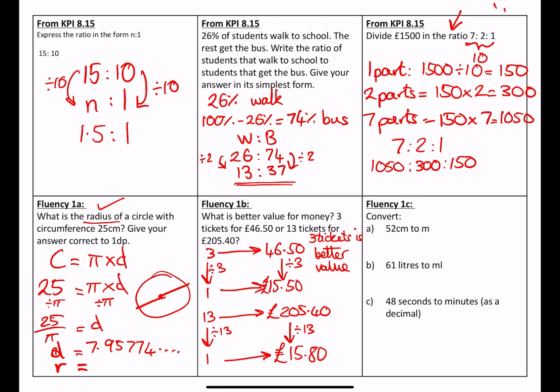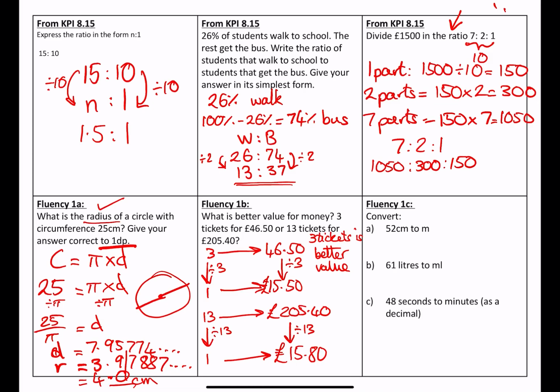So I need to divide that answer by 2 to get my radius. That gives me 3.97887. I need to give my answer correct to 1 decimal place. I cut it there. The 7 tells me to round up. Can't round up higher than a 9, so it's going to be 4.0. Remember, I have to put the 0.0 on the end there because it asked me to give my answer to 1 decimal place.